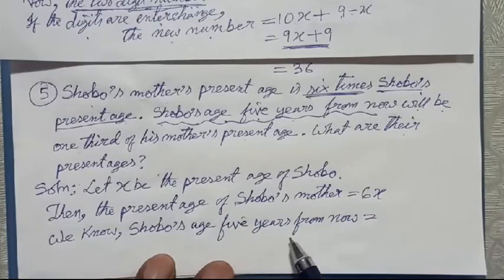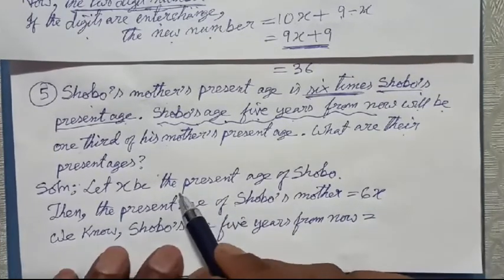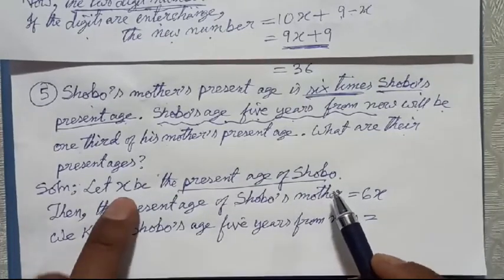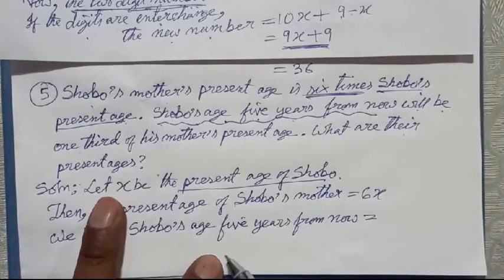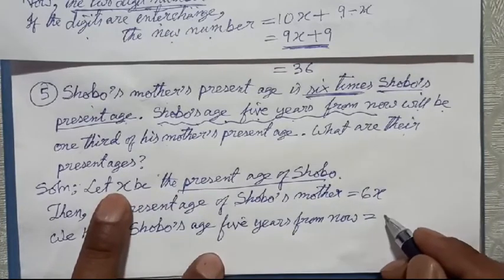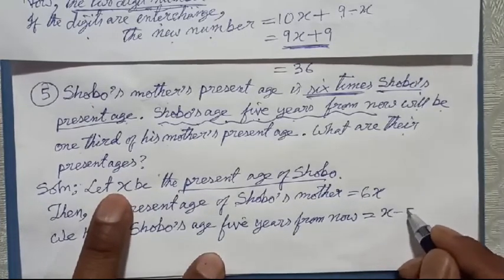Sobu's age 5 years from now means Sobu's age 5 years before. If the present age of Sobu is x, then 5 years before, Sobu's age will be x minus 5.